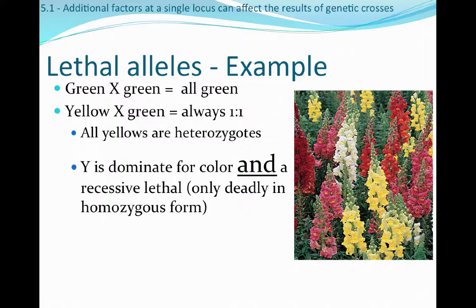What happens in this situation is that a big Y is the dominant allele for color, so it provides the yellow color, but it is also a recessive lethal. If it shows up in a homozygous dominant form, it's deadly, and those flowers won't live much past fertilization.